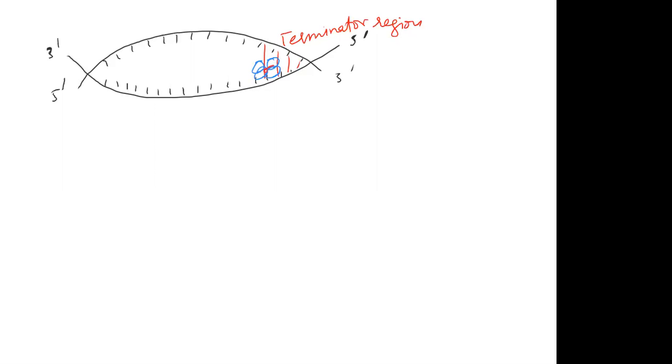There's a rho factor here. And suppose this is the mRNA which is released. So this has to be from 5' to 3'. So this is how it is released. So that is how the whole process of transcription will occur in prokaryotes.